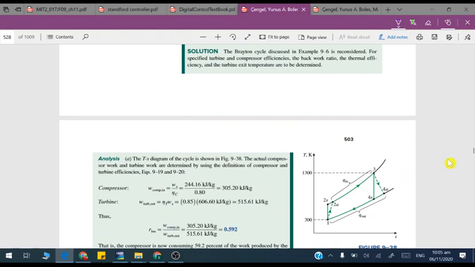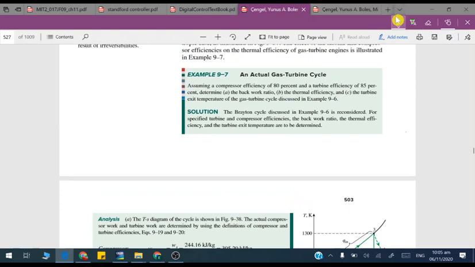Then the second example is actually the extension of the previous example. In this example, assuming a compressor efficiency of 80% and turbine efficiency of 85%, determine the back work ratio, thermal efficiency, and turbine exit temperature of the gas turbine discussed in the example.